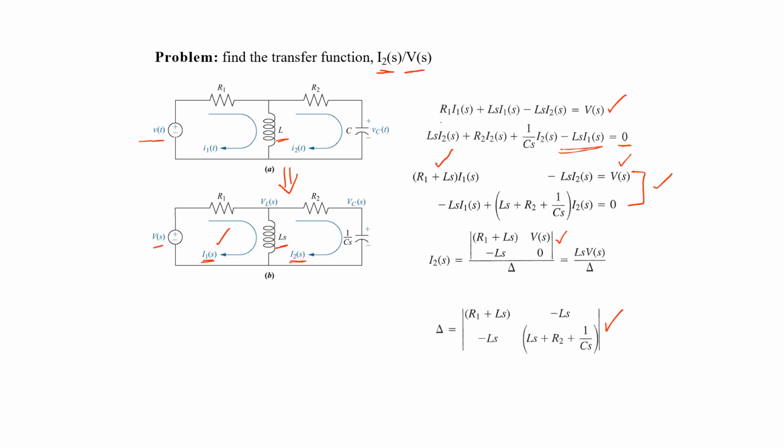And after finding the determinant of the numerator, we are left with L of s and V of s, and from here we can find the transfer function I2 of s divided by V of s, which will be just L of s divided by the delta, where the delta is the determinant written here.